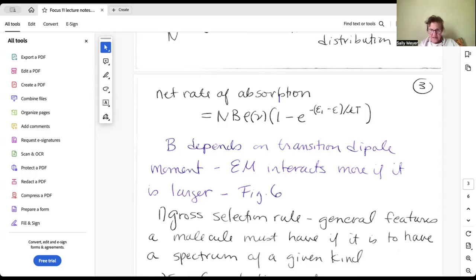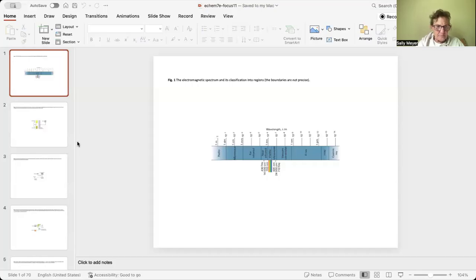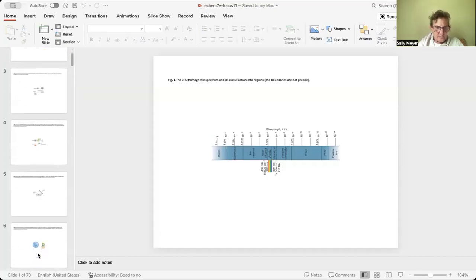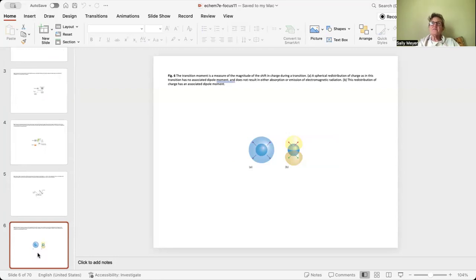So if we look at figure 6, the transition dipole moment, if you think about it, the way that light interacts with atoms and molecules is because light is an electric field and atoms and molecules can create an electric field.